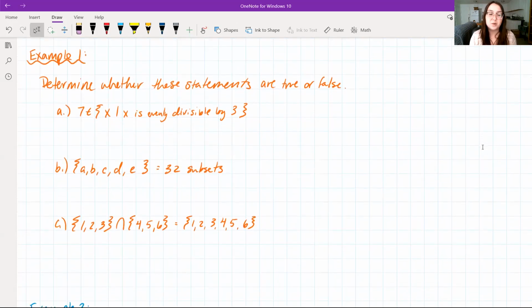All right, on our first example, we want to determine whether these statements are true or false. So we're just looking at these statements and deciding if they're true or false. For part A, we have 7 is in the set of X, where X is evenly divisible by 3. This means that all of the elements in this set are going to be evenly divisible by 3, meaning we don't have any decimals.